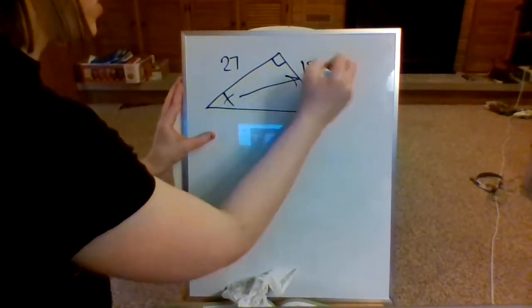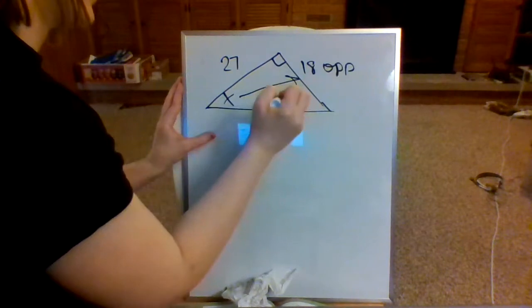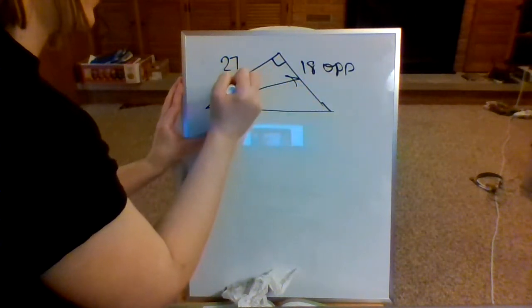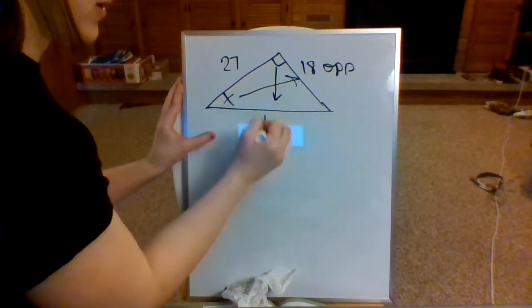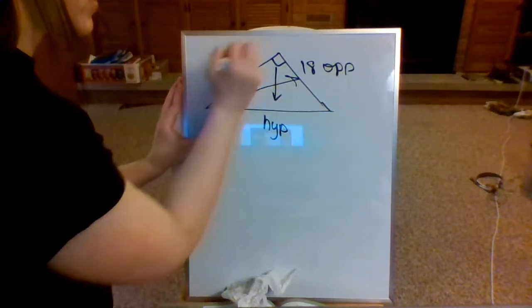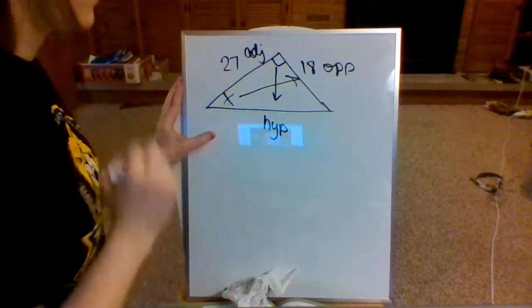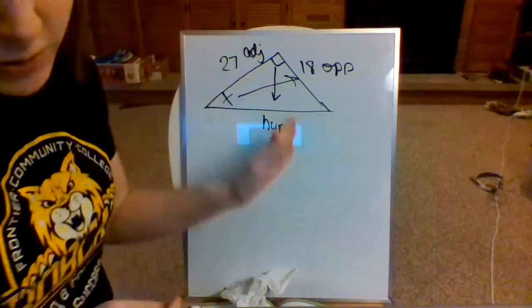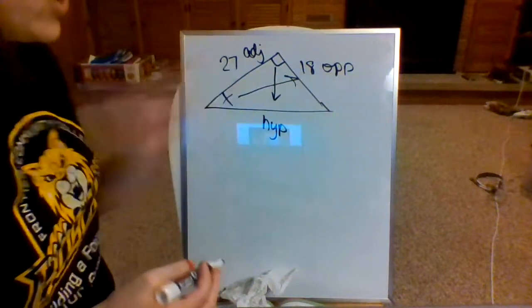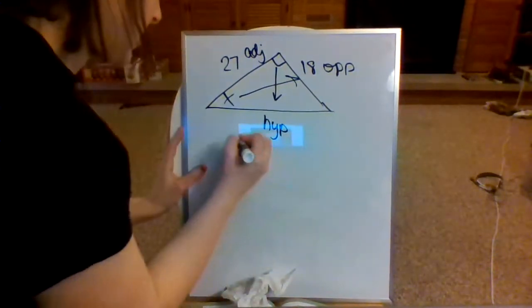Let's see, this is opposite, and this is adjacent, because this is the hypotenuse, right? So this side would be adjacent. Okay, so opposite and adjacent, if you think about SOHCAHTOA, opposite and adjacent is tangent.